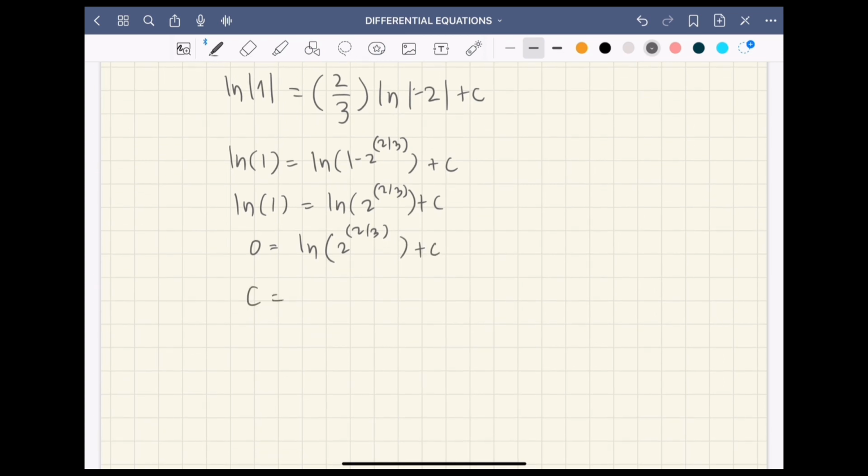So c equals negative ln of 2 raised to 2/3.